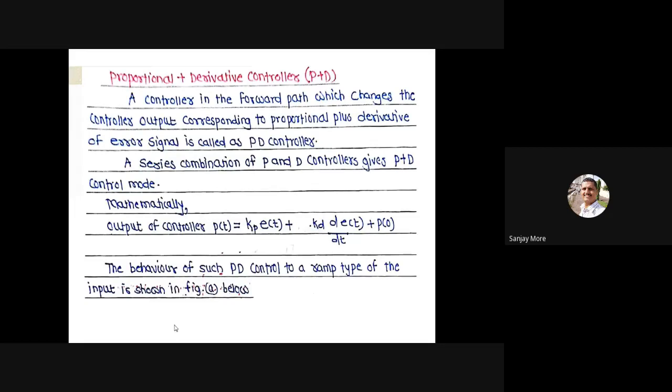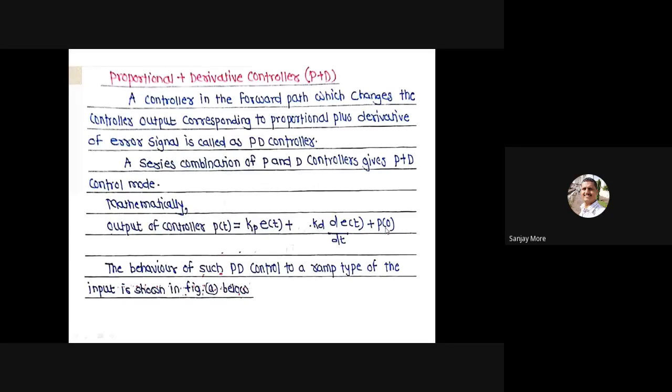Here the output of the proportional controller is Kp, constant of proportional gain, into error E of t, plus the derivative control output, Kd d by dt E of t, error, plus proportional output.